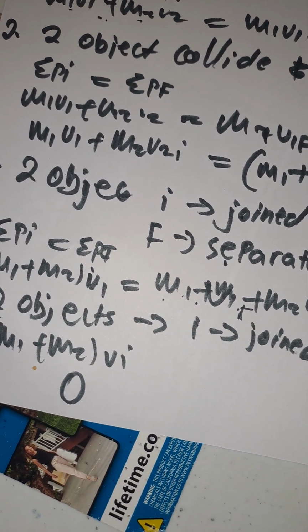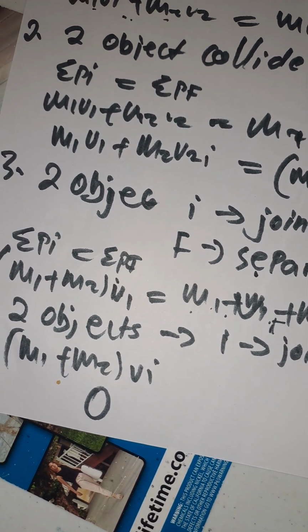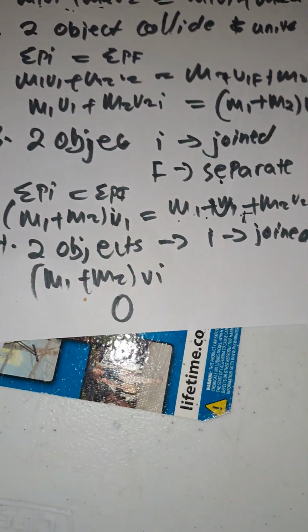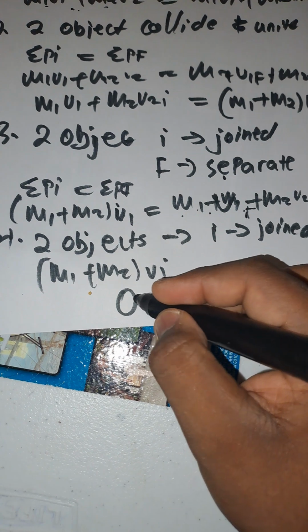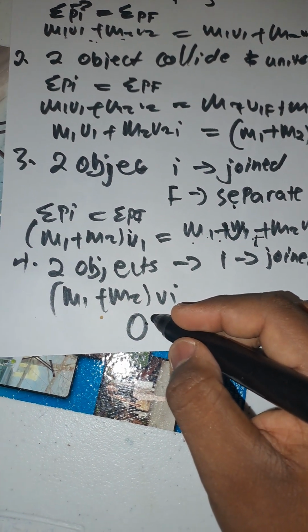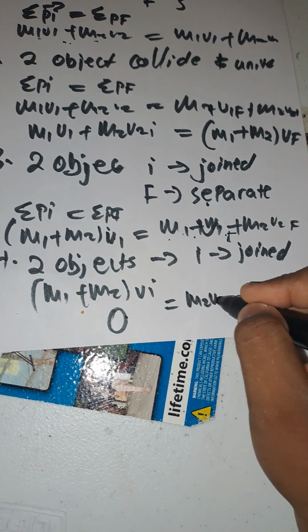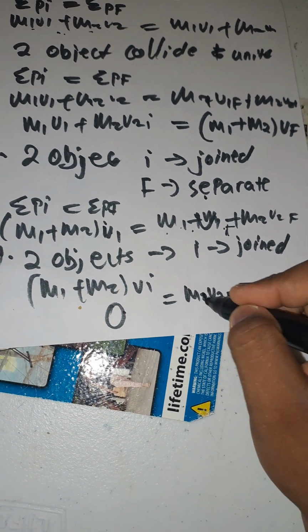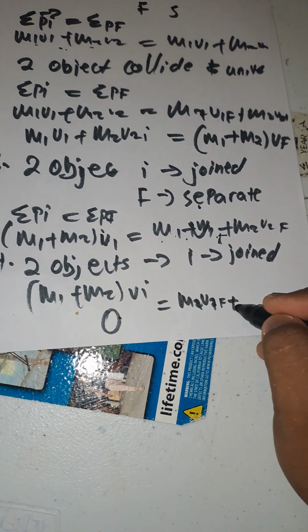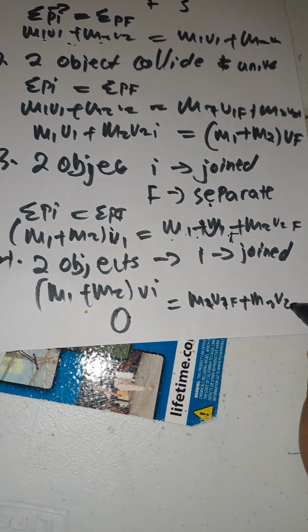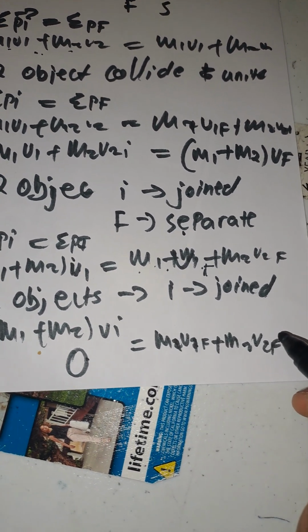I'm gonna show you another thing. Then since they separated, it's gonna be 0 on this side. Then after it, this side will be equals to M1V1F plus M2V2F. That's how it is. Okay, so now let's check number 5.